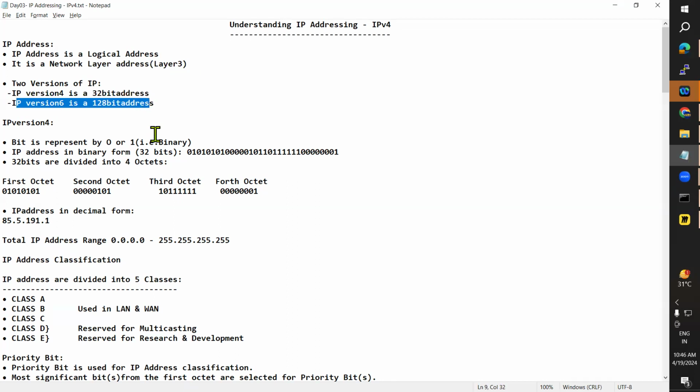As of now, almost the whole world is using IPv4. IPv4 addresses are sufficient as of now. Whatever IP addresses any organization needs, IP version 4 is providing.